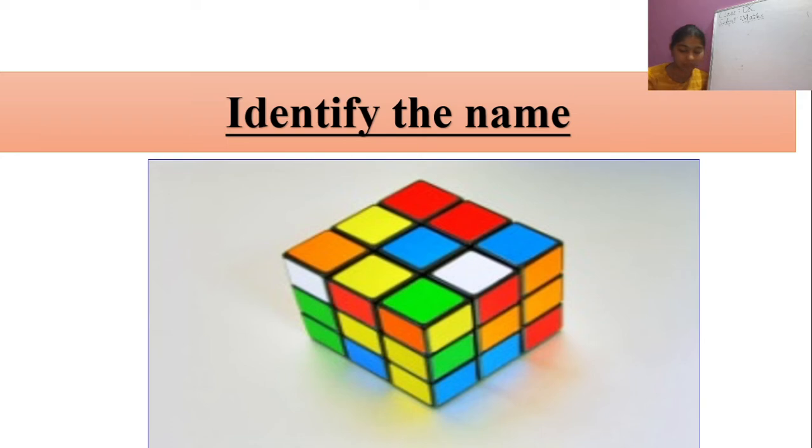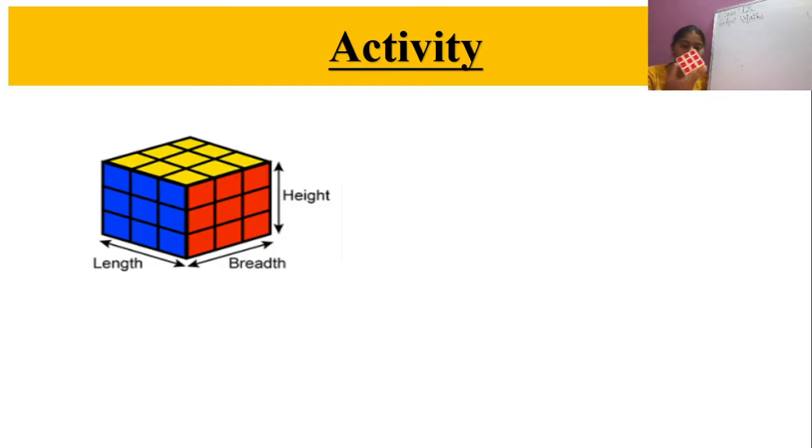So students, we have an activity related to this Rubik's cube. What we are going to do is open up this Rubik's cube on this slide. See, this is a Rubik's cube. You can see we have some measurements.